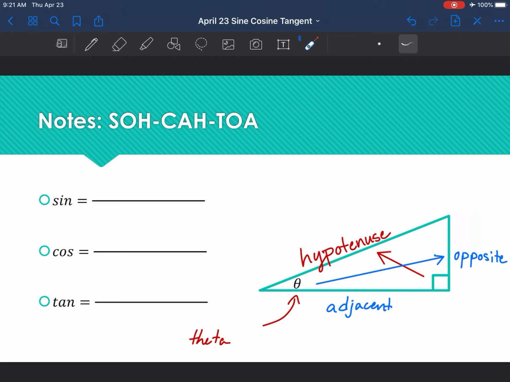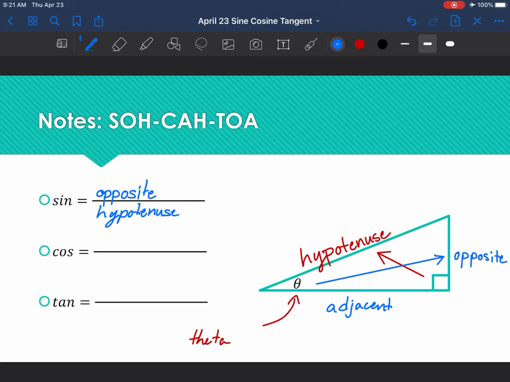All of trigonometry is based on sine, cosine, and tangent. And really, sine, cosine, and tangent are just ratios of the sides. Sine for a right triangle is just a fraction: the opposite side over the hypotenuse. You just set up a fraction, opposite over hypotenuse.